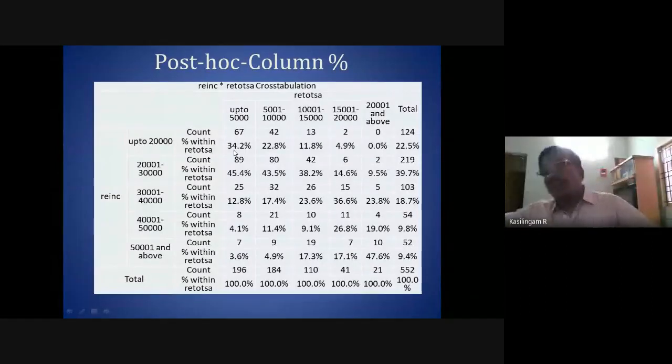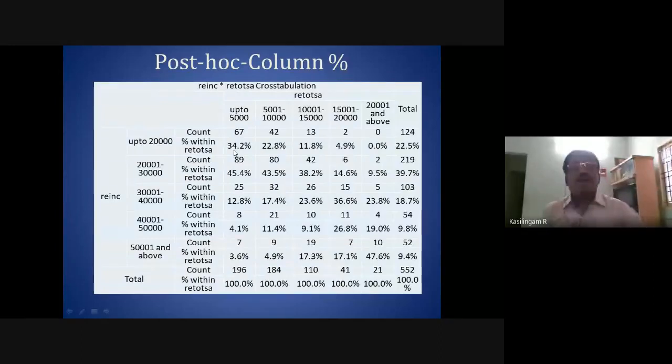In the overall total, this income category people are only 22%. But in this saving category, 34% of people are there, which means more than 22%.